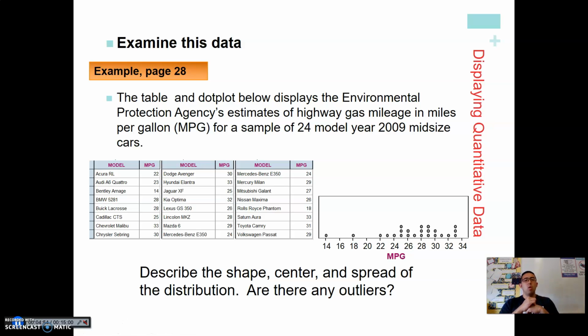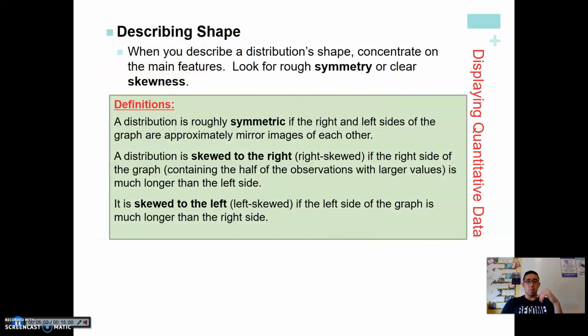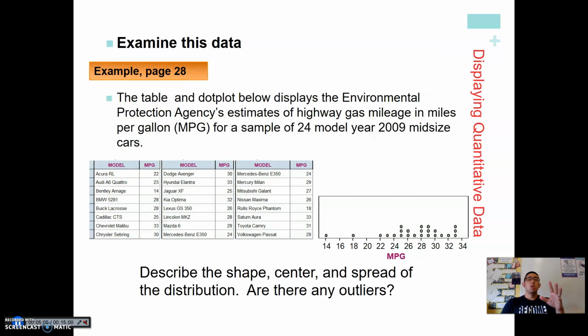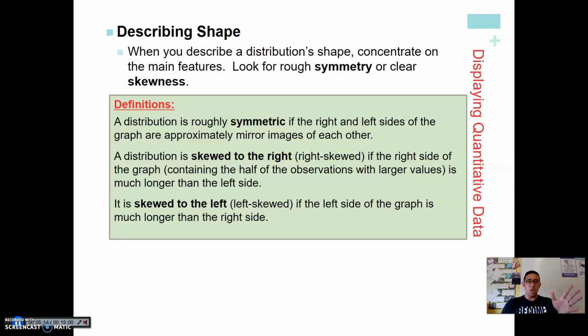Well, if I were to describe it using shape, center, spread, and outliers, normally I'd have you describe it first, but now you can't. So what you would want to say about the shape is whether it's symmetric, or skewed right, or skewed left.